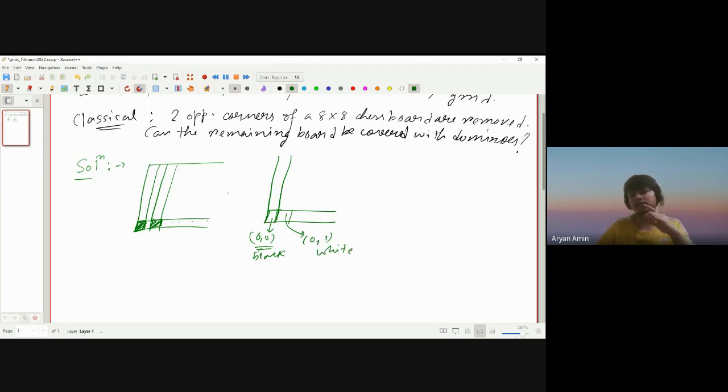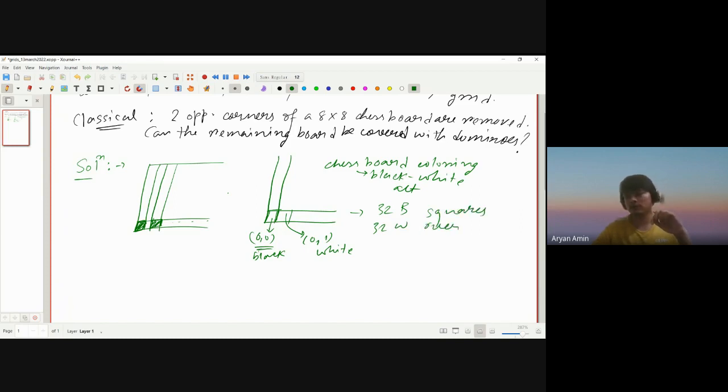So what I'm trying to say is that the chessboard coloring works with black and white alternating, and you have 32 black and 32 white squares over the board.